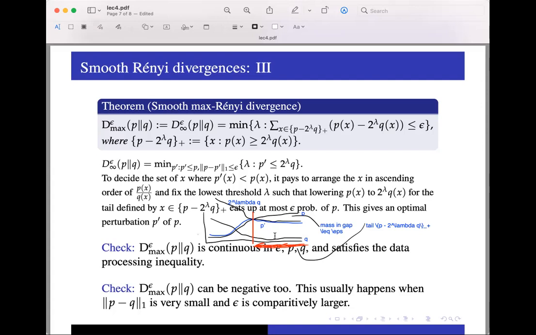If I move it downwards, it means that I'm multiplying by something which looks like 2 to the minus lambda times Q, so that the graph of Q moves downwards, and then more mass can appear in the region between P prime and Q. So moving the graph of Q downwards means that lambda is negative, which reminds us that d epsilon max can be negative.